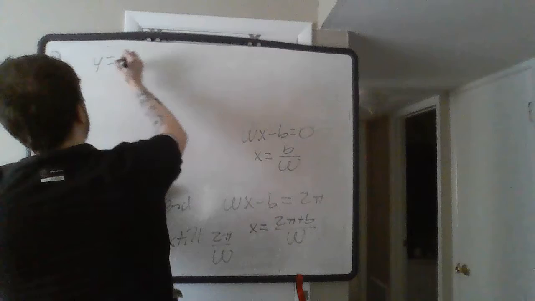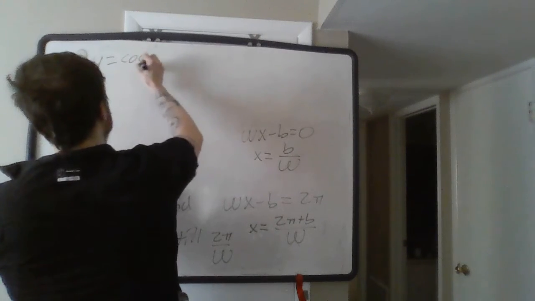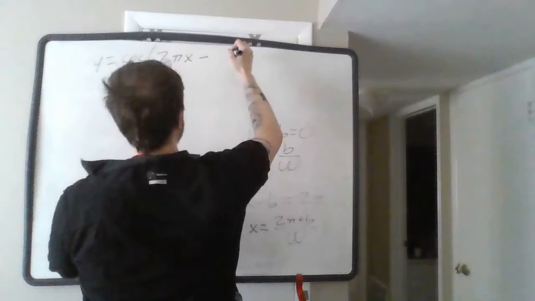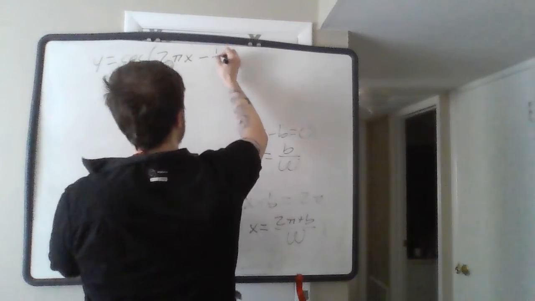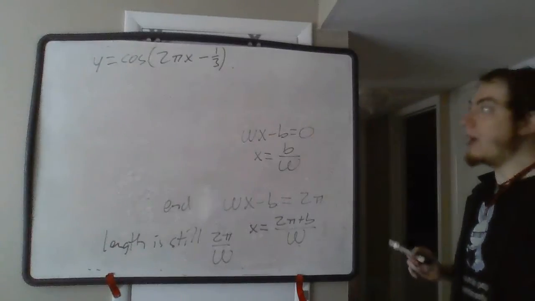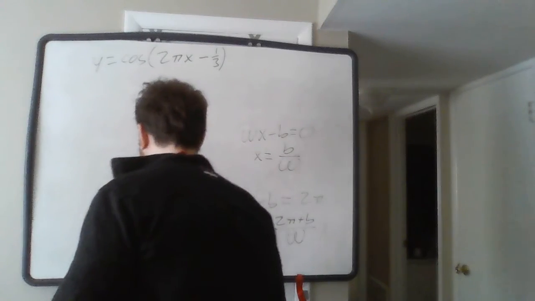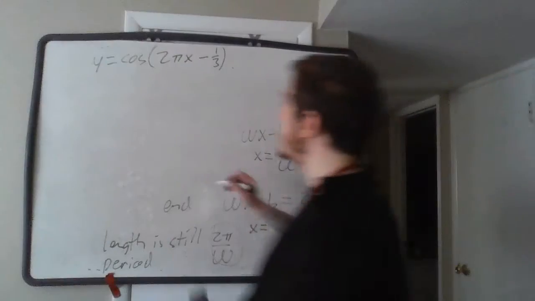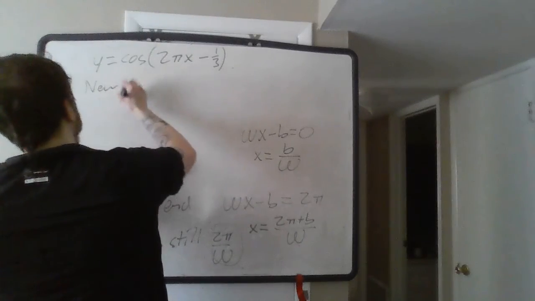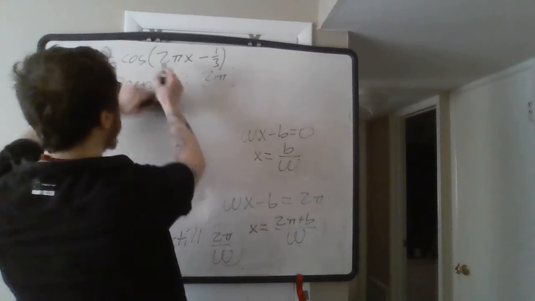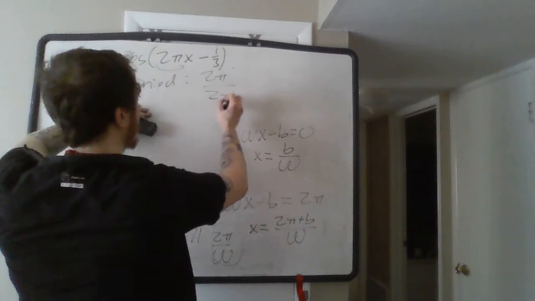Let's suppose that I have to graph y is equal to the cosine of 2 pi x minus, let's say, 1/3. Well, the things that I want to know, remember, this length is basically the period. So the new period is going to be 2 pi divided by this coefficient here, which is 2 pi.